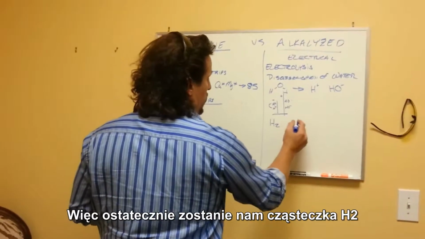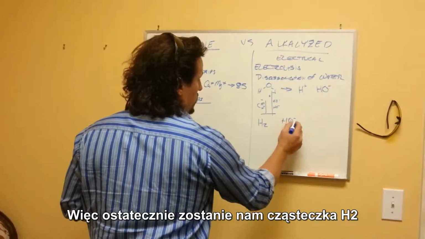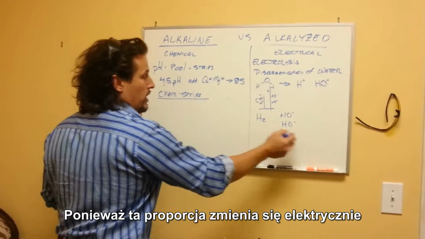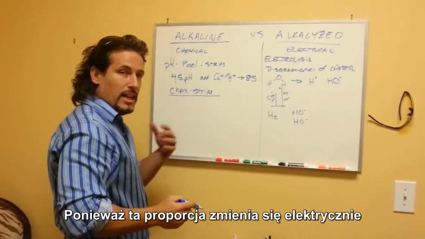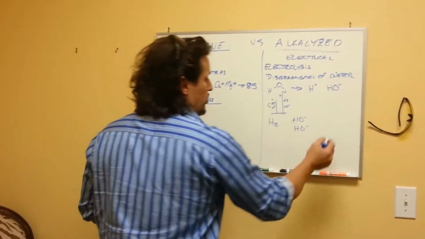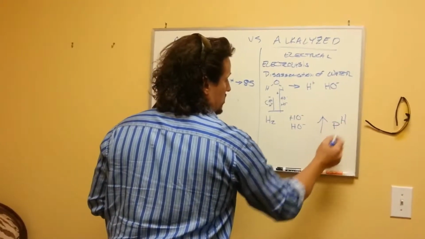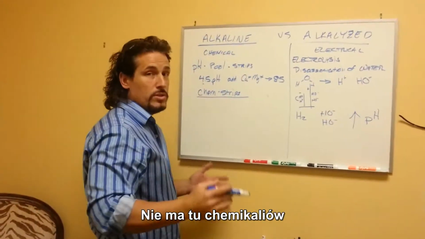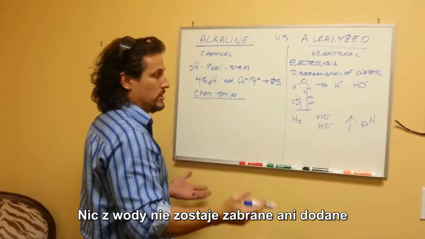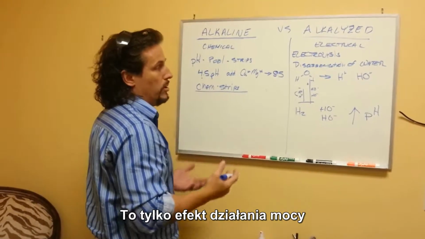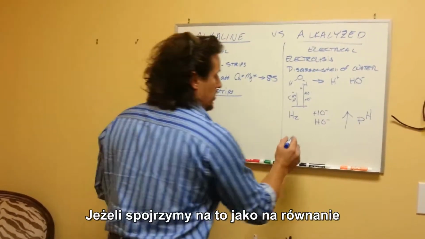So then you end up with an H2 molecule and a couple of hydroxyls. Because this ratio changes electrically, you'll get a rise in your pH. There's no chemicals added or taken from the water. It is strictly a requirement of power, which is where this unit comes in.